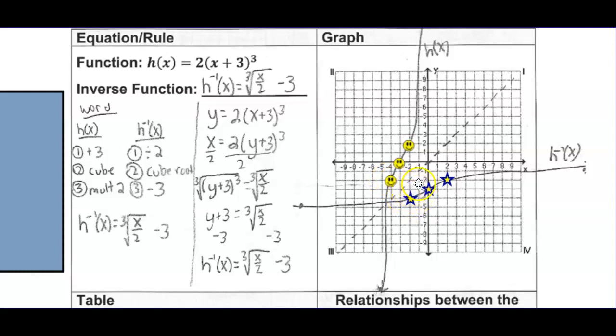So you can either use the coordinates or count perpendicular slopes across the other side of the line. Once you have those established, then you can connect them and make your curve. The more points you have, the better the curve ends up being, the more accurate your graph is. And we just label it with the original h of x and then the h inverse. So you can pause here and make sure that that graph looks the same as yours.